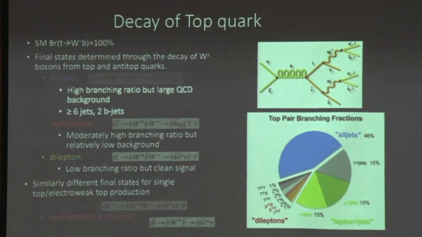This bottom quark, I told you, would be immediately hadronized, and then some of the hadrons pass through the detector and you will see a spray of particles, and this is what we call a jet. So that's why it's called lepton plus jets, and this is all jets, meaning everything is jetty, etc. And this is the total branching ratio for the t t-bar pair.